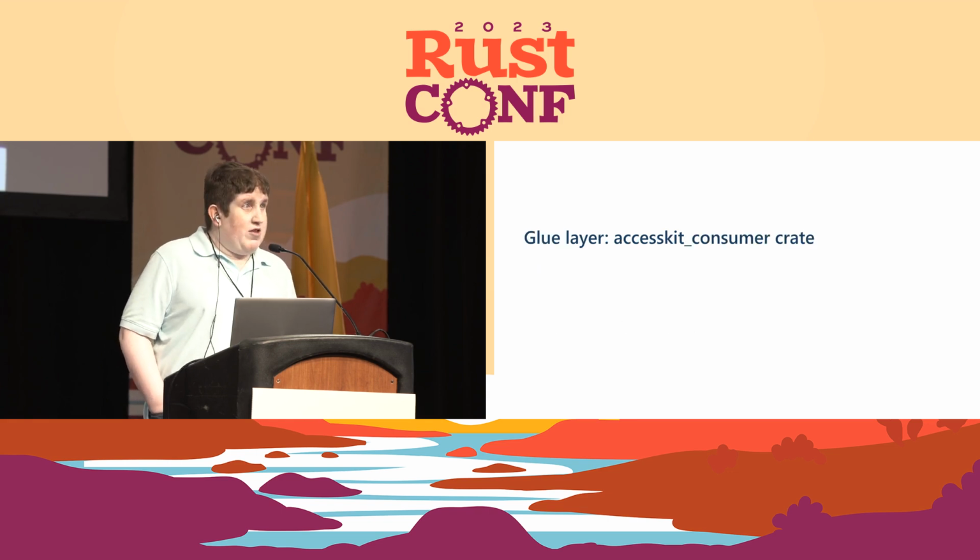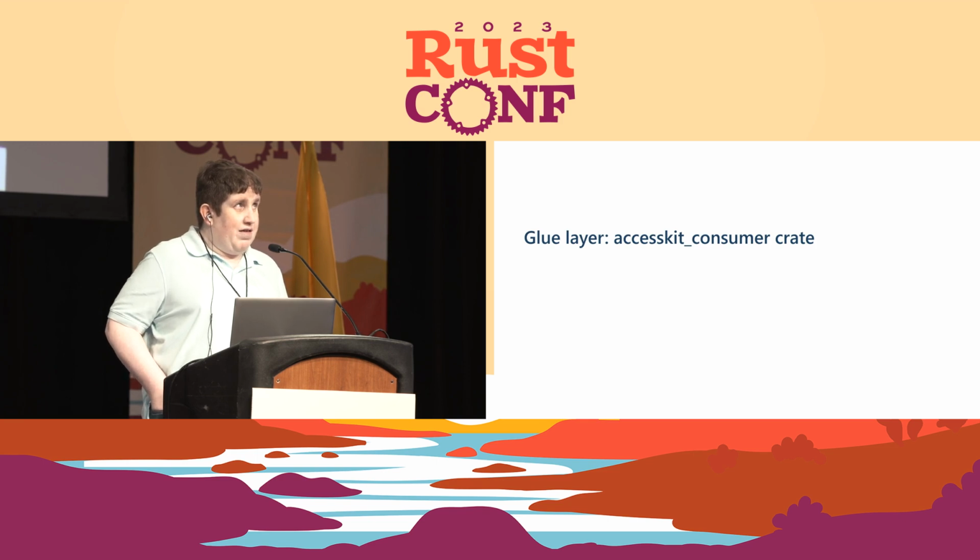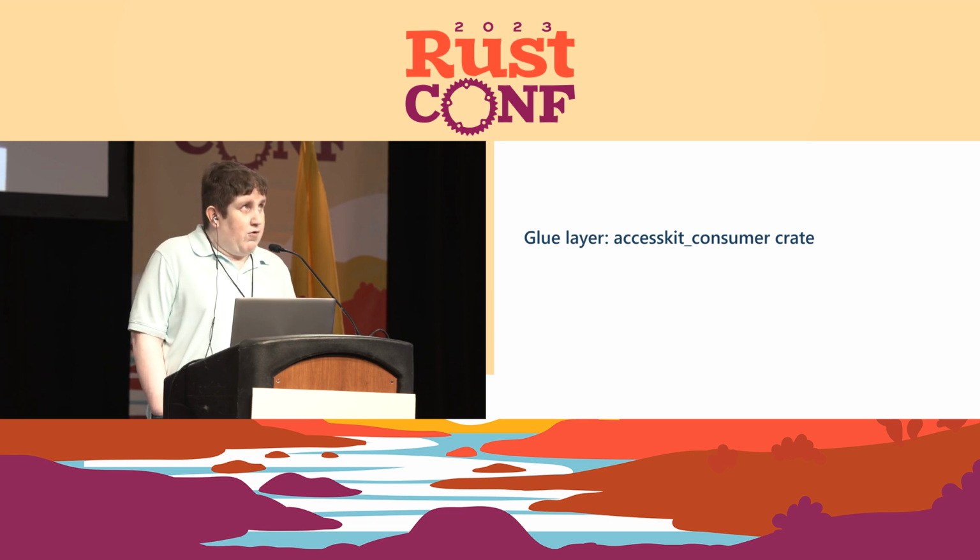So, as I've mentioned, there's a bit of an impedance mismatch between the pull-based approach of the platform accessibility APIs and the push approach that AccessKit uses that's such a good fit for immediate mode GUIs in particular. And to bridge that gap, we have a component that we call the AccessKit consumer crate, because it consumes the tree updates being pushed by the toolkit.